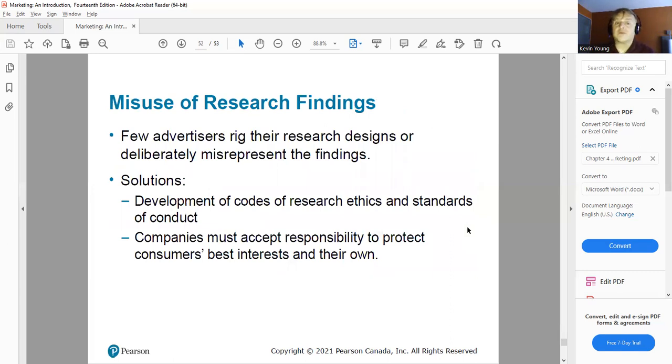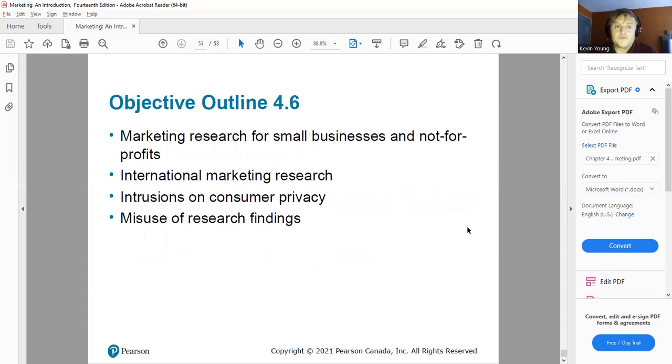So few advertisers rig their research designs or deliberately misrepresent the findings. Solutions to this? Well, developing codes of research ethics and standards of conduct, as well as companies must accept responsibility to protect consumers' best interests and their own.